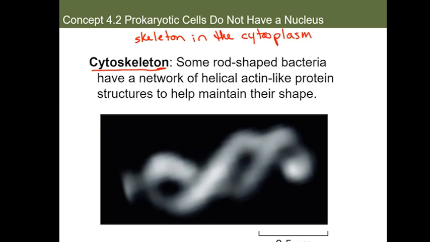That's one word. I didn't make it look like one word, but it is one word. So in the cell, they'll have all these things that help give it support and keep its shape so it doesn't end up like a goo.